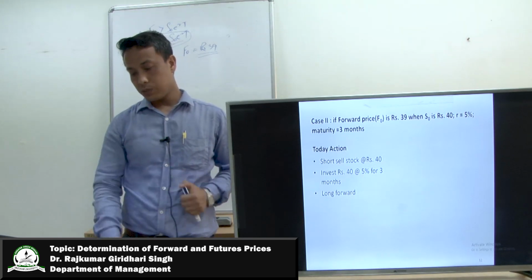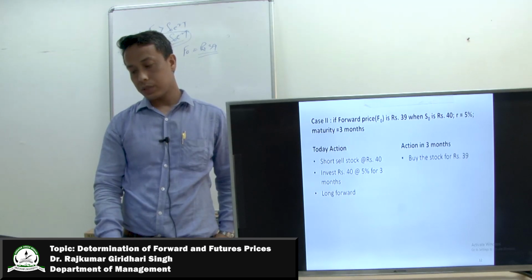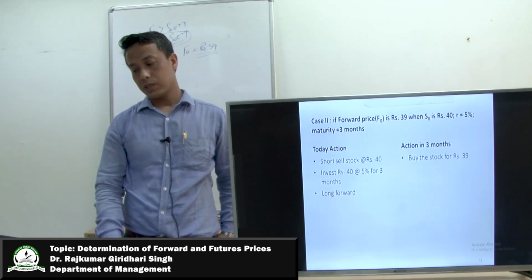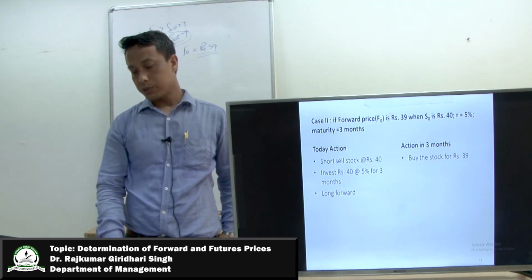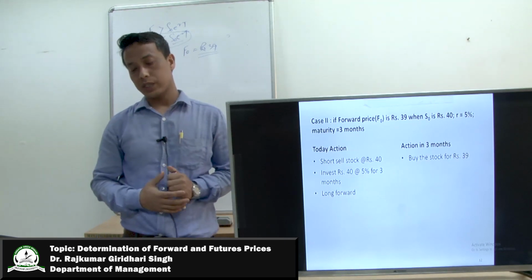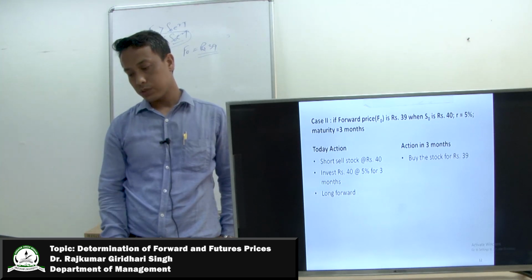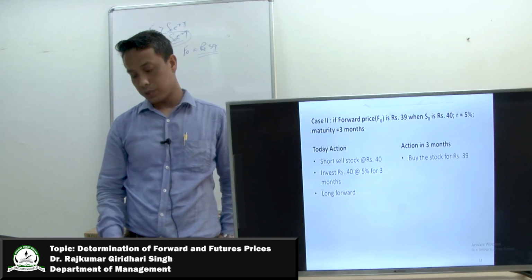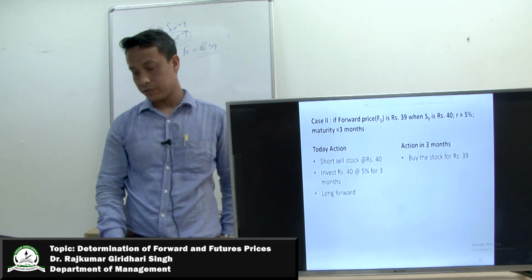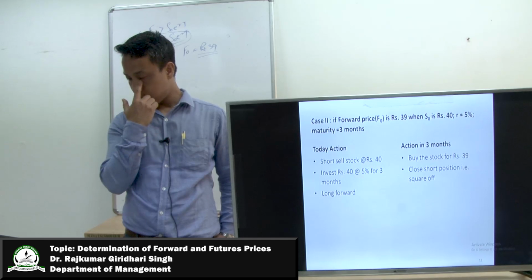All right, let's see what's the consequence at the end of the 3 months. At the end of the 3 months, you buy the stock for rupees 39, the forward price. How are you able to buy this one? You are able to buy it because of the long forward contract you already had. Now the short selling, you can close it out.